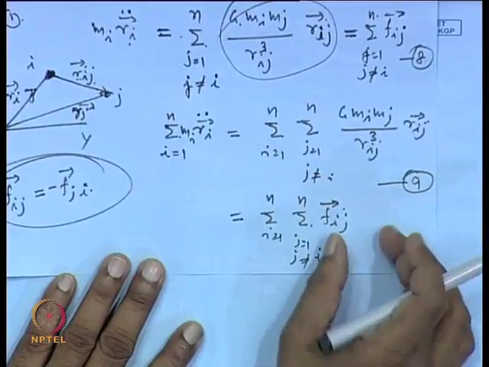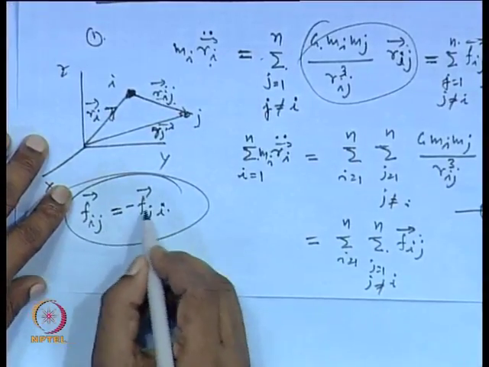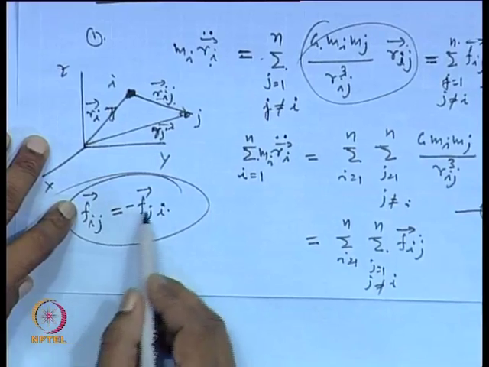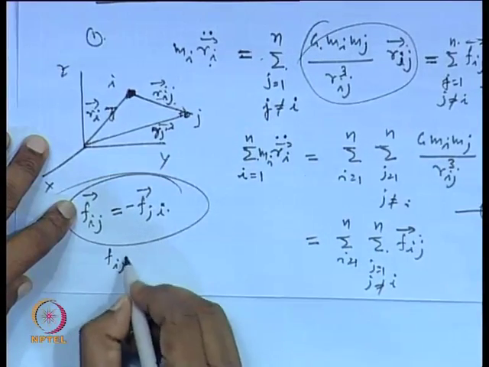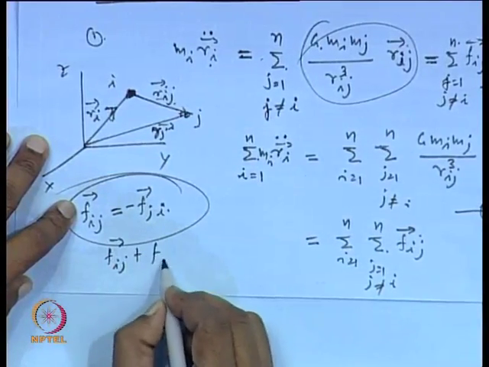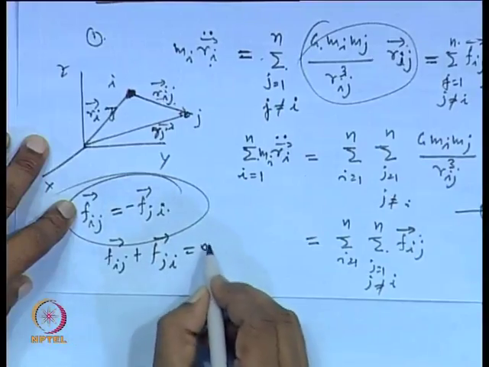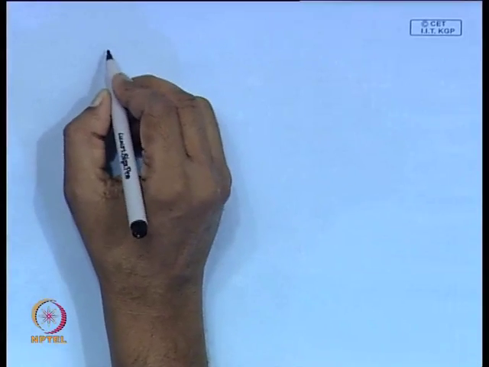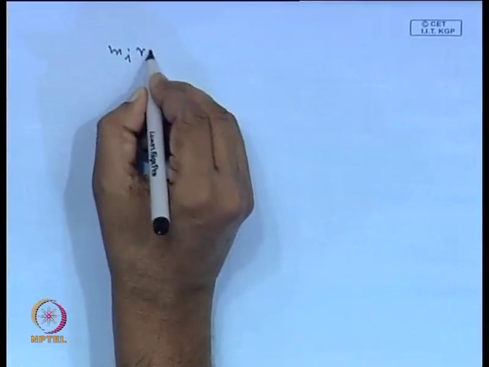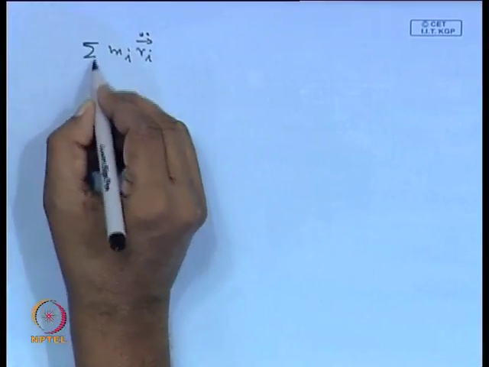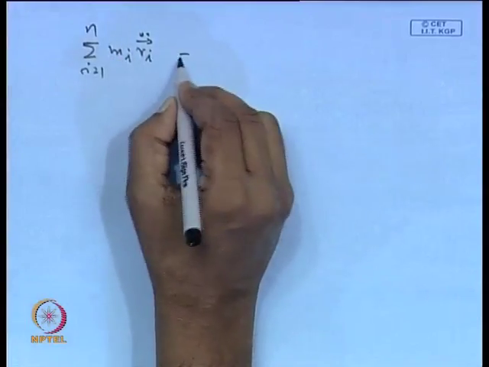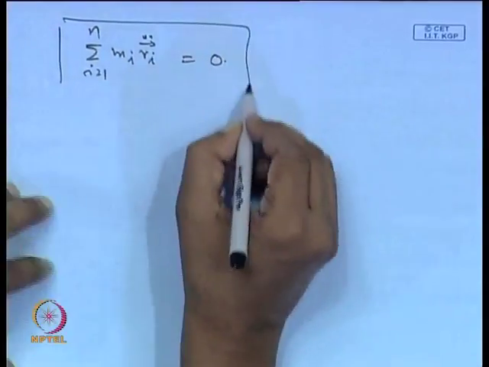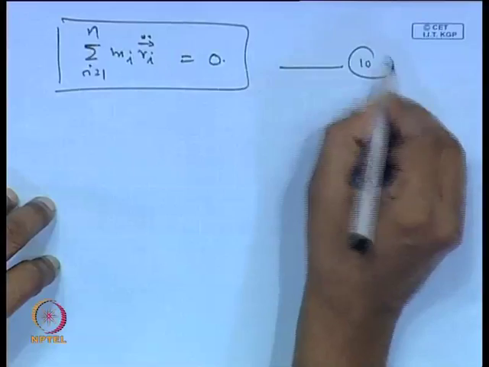These two terms will appear, and because both of them are equal in magnitude and opposite in sign, f_ij plus f_ji is equal to 0. So, the right hand side will be equal to 0. This simply implies that the summation of m_i r_i double dot, i equal to 1 to n, will be equal to 0. This is our equation number 10.